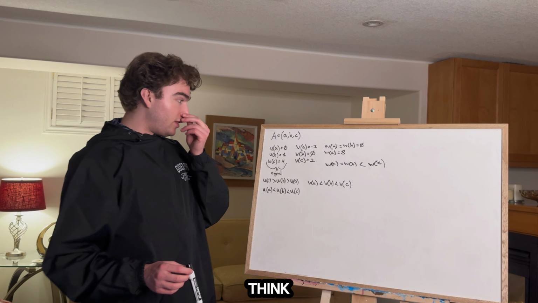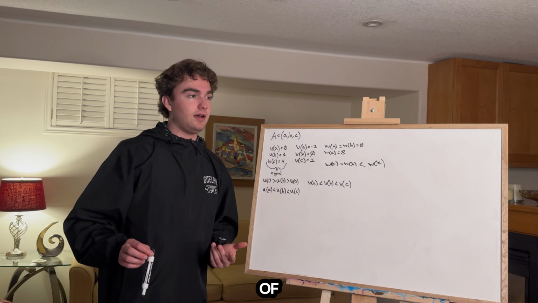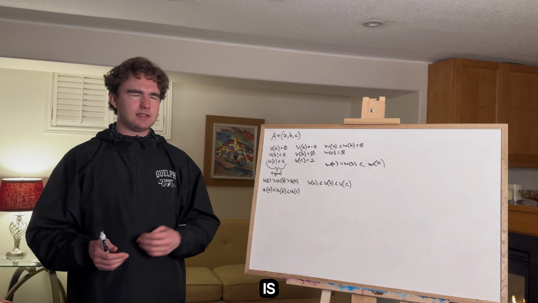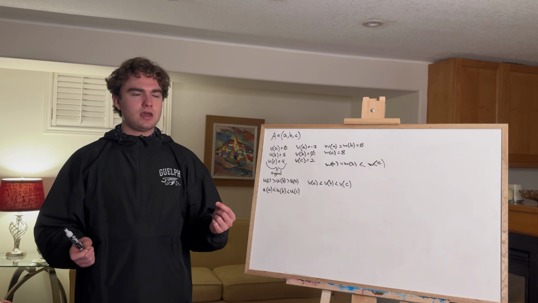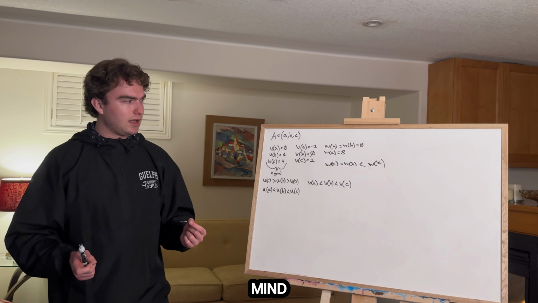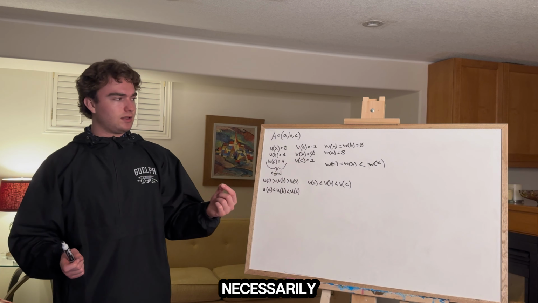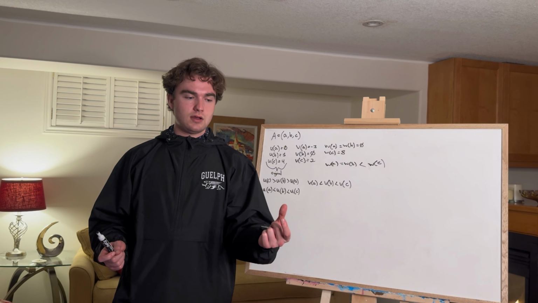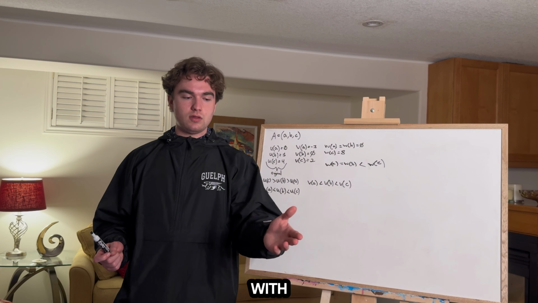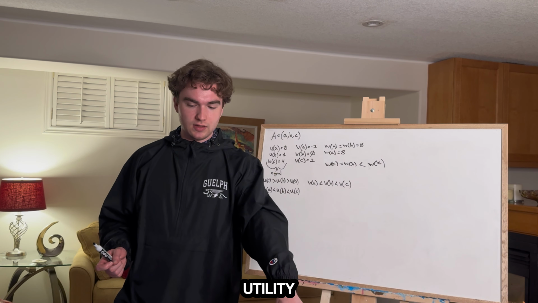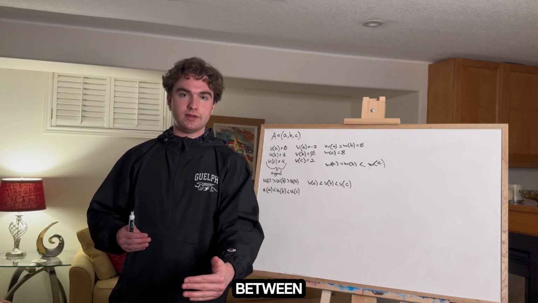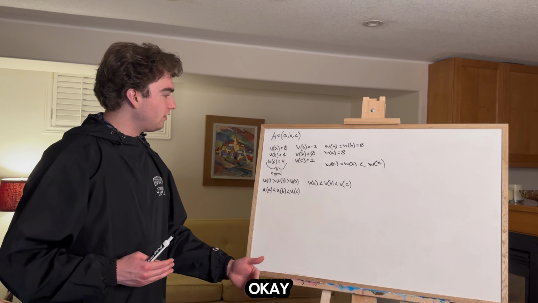I believe the point of this exercise is to get you in the state of mind that it doesn't necessarily matter what the number is associated with that particular utility. It matters more the difference between utilities, okay?